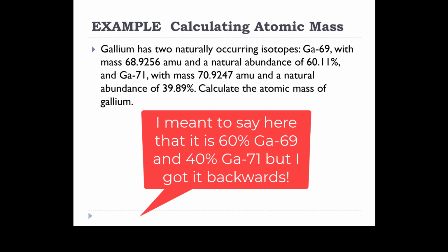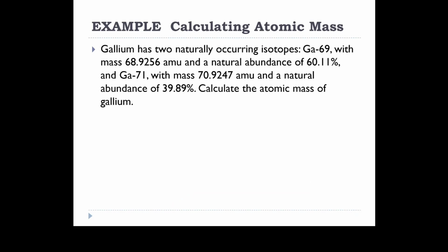So there should be an average in here that's between those two numbers. Do you agree with that? Which one should it be closer to? Which one is there more of? Okay, so there's more gallium-69. So our average should be between 69 and 71 and closer to 69, right? So that's a way to kind of gut check your answer there, okay?